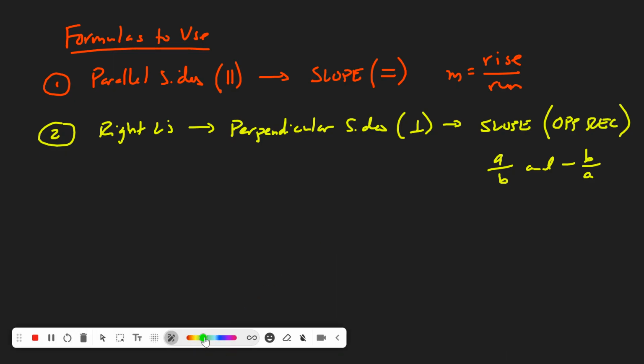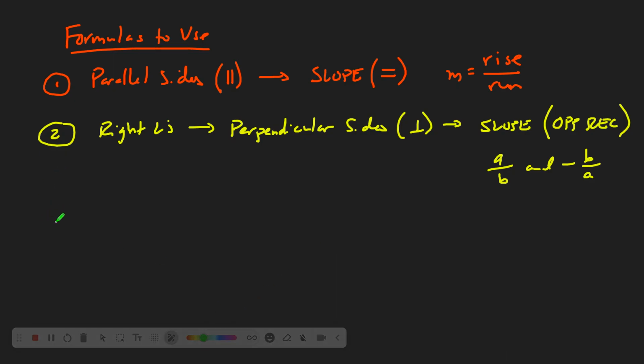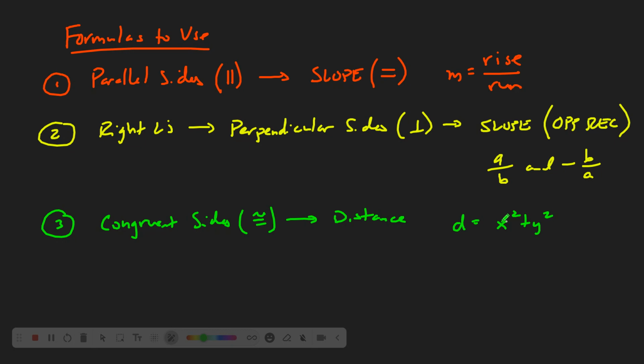Okay? And then last but not least, again, we need to see if we have congruent sides. And to do this, we're looking to find distances. Now remember, I showed you in the last video to find a distance. Let's create that right triangle, find the x change and the y change, square them, add them, and take the square root.